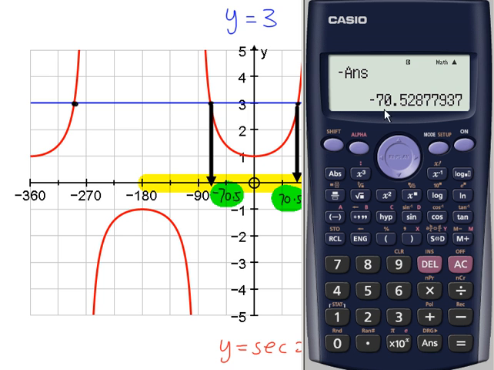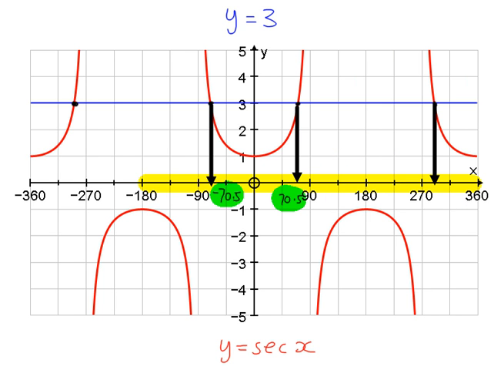So if I start off with minus 70.5 for this angle and add 360 to get the one on this side of the graph, 289.5 degrees. So this is 289.5 degrees. So that's my third solution there.